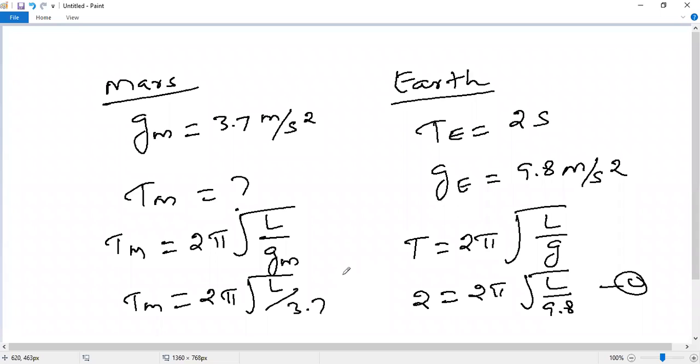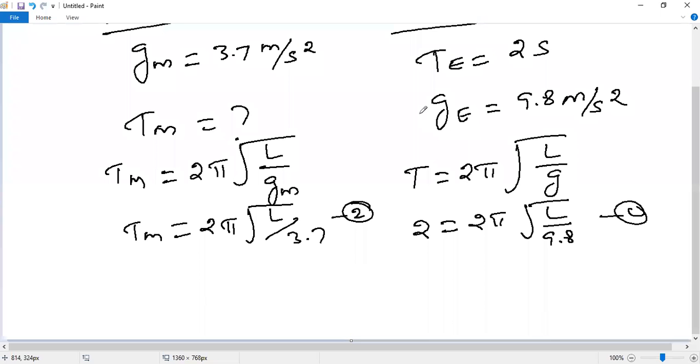Equation number 2. Divide equation number 2 by 1.